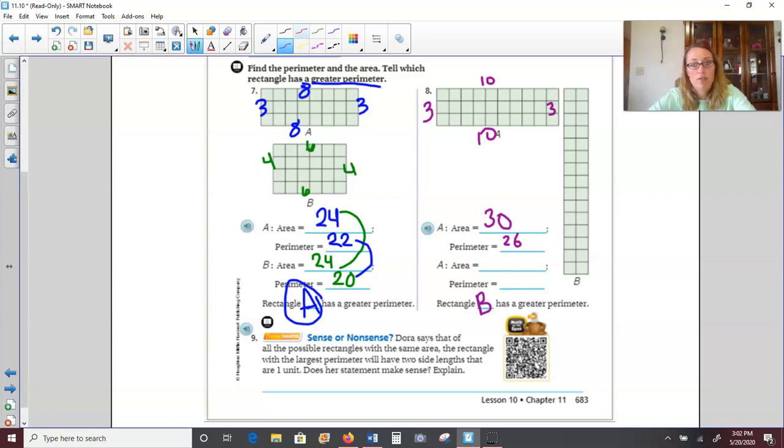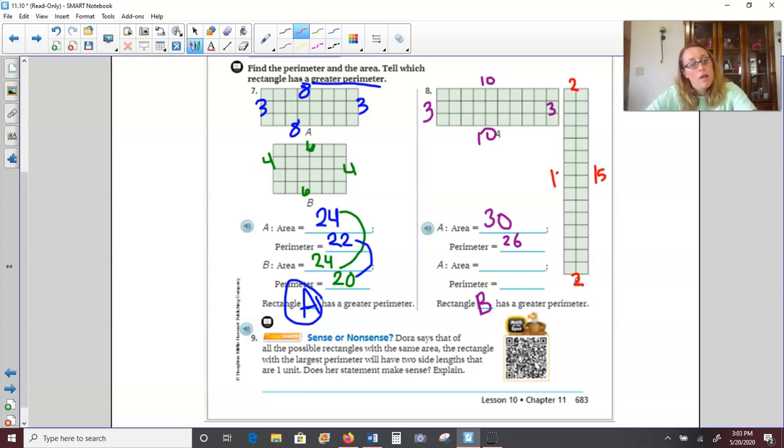Now when we go to letter B, you can see that there are 2 units across the top and the bottom. And I'm guessing 15, 1, 2, 3, 4, 5, 6, 7, 8, 9, 10, 11, 12, 13, 14, 15 down the side.